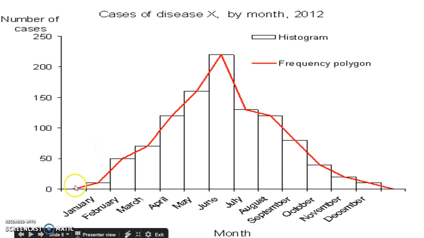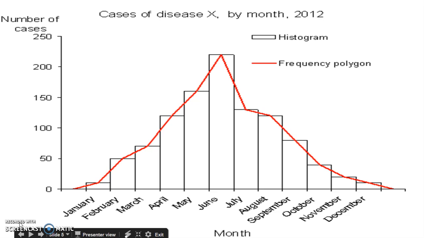So as you can see, if I wanted to see how many people had a sickness in June, I would just look to where the data point on the frequency polygon was in the month of June and see that it is right here up at the mode.